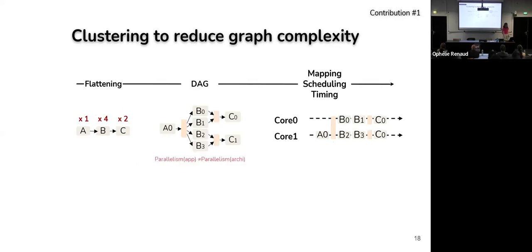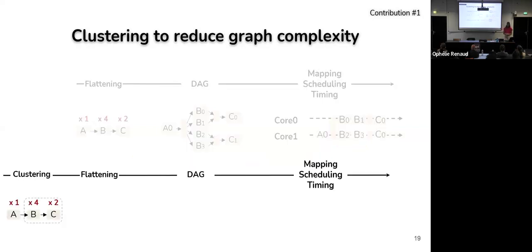Sometimes the parallelism of an application doesn't match the parallelism of the target architecture. For example, here the actor B can be parallelized on 4 processing elements, but we only have 2. So the standard resource allocation will overexpose parallelism, which is not necessary in this case.